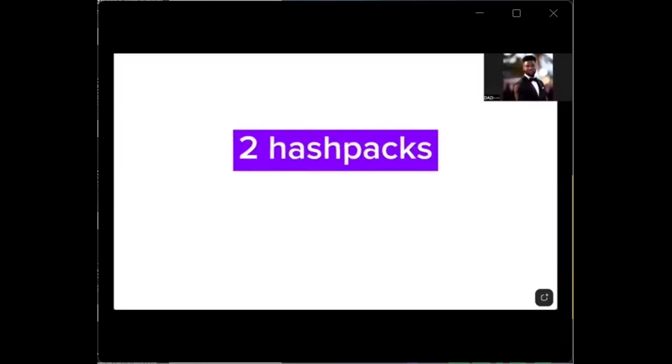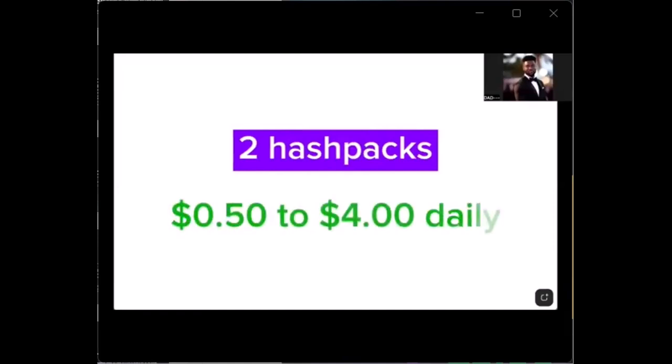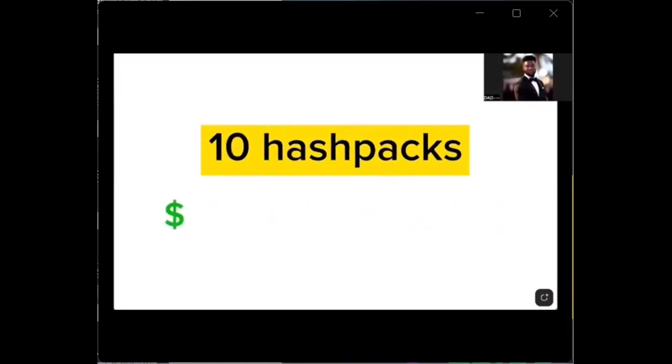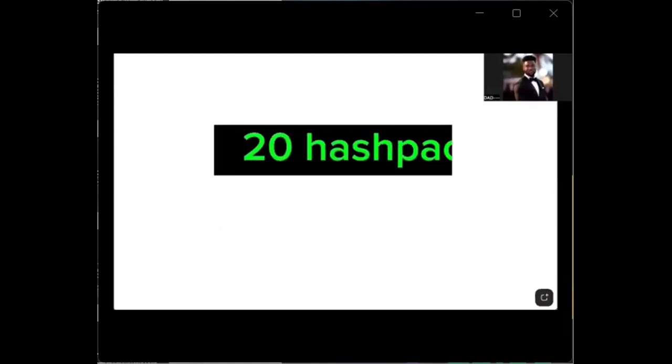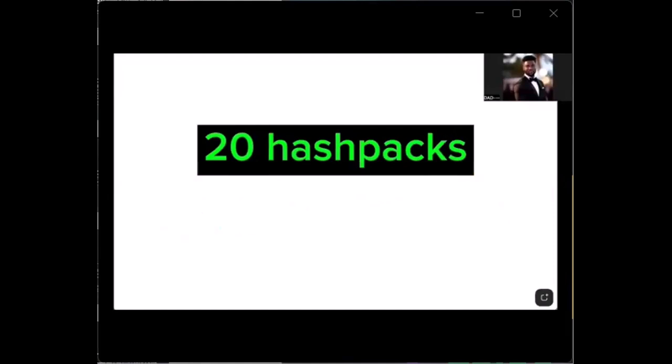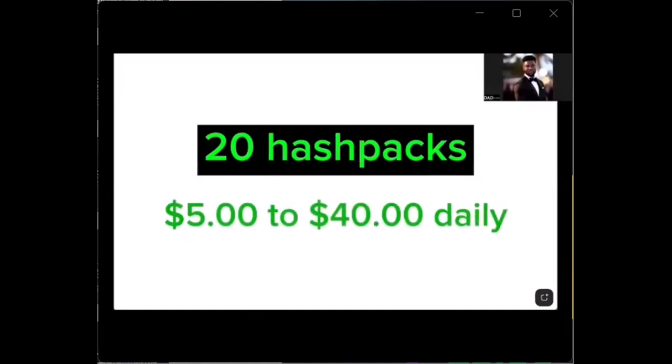For example, if you buy 2 hashpacks, you'll be earning 50 cents to $4 daily. Yes. And if you purchase 10 hashpacks, that's $2.50 to $20 daily. Then if you have 20 hashpacks, you'll be earning $5 to $40 daily. So the more hashtags you have, the more you earn.